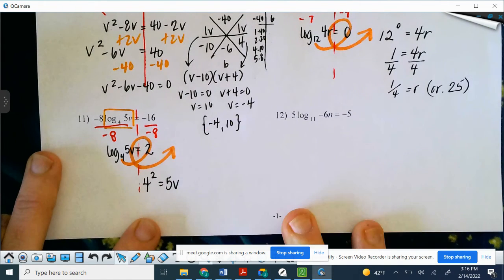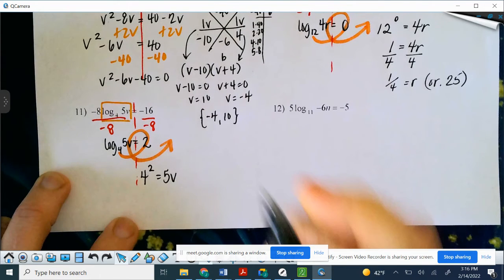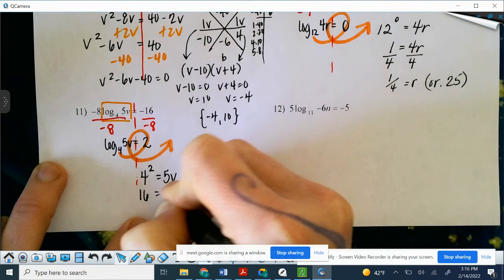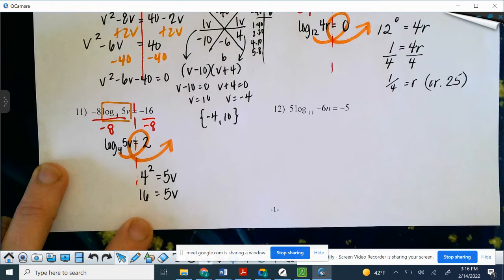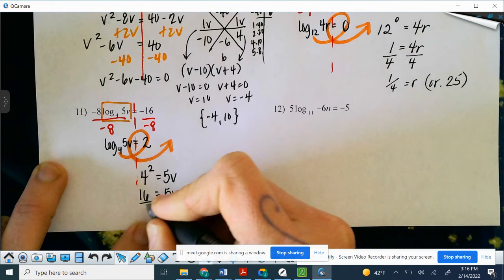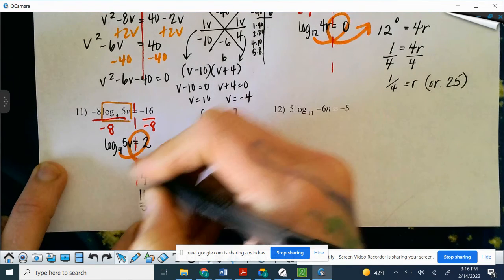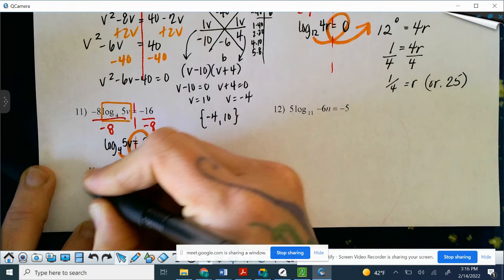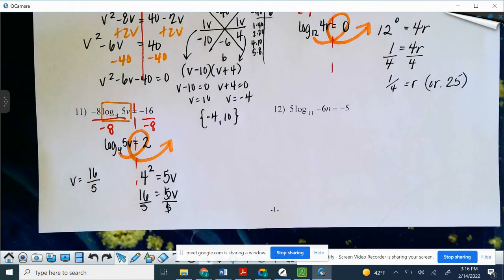And 4 squared, remember, is 4 times 4, so 16 equals 5v. We divide both sides by 5 to get v by itself. And so our answer is 16 divided by 5, or, depending on the formatting, you could have it as a decimal, which would be 3 point whatever 1/5 is as a decimal.